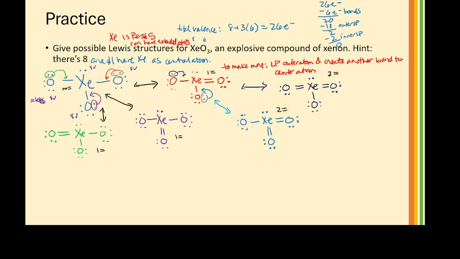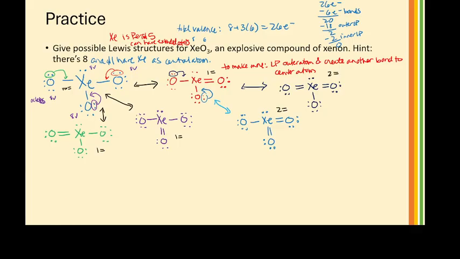Now, I could get 2 versions from this one, but because this one already had a double bond, there would be a third version. So this one has the double bond between the left and the right atoms. This one has the double bonds between the right and the bottom atoms. I could make another one between the left and the bottom atoms.